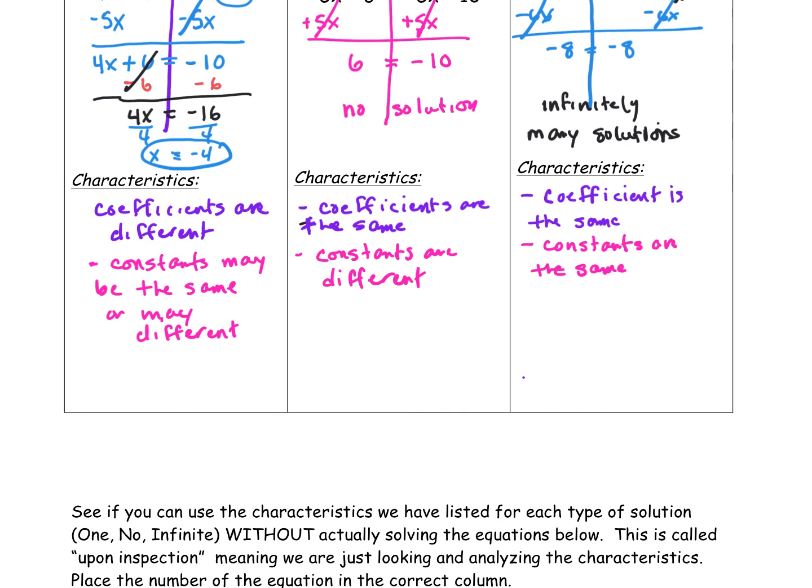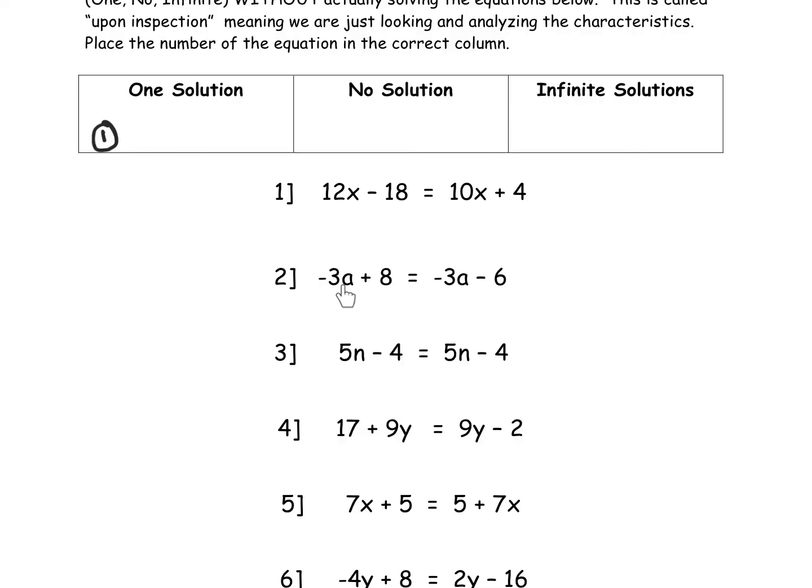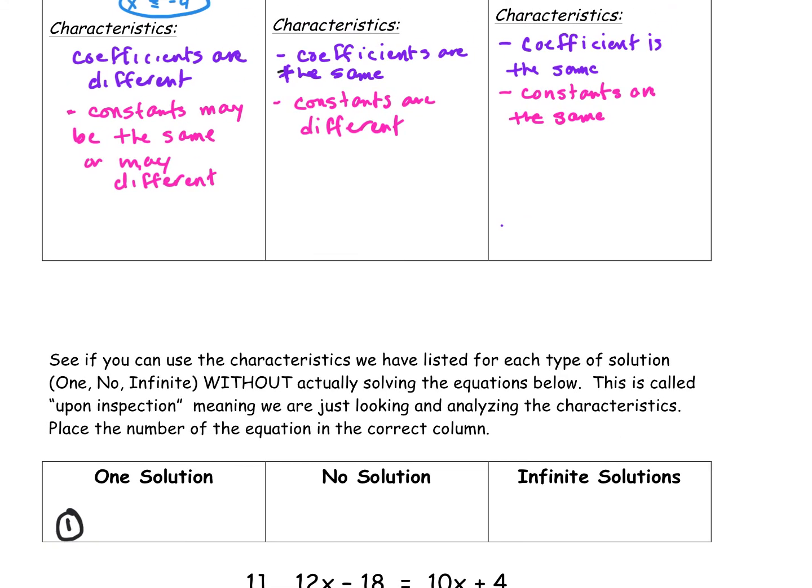So let's inspect that equation again. The coefficients were the same, but the constants are different. This one has positive 8, this one has negative 6. Let's refer back to our first page and see what it says about the constants.